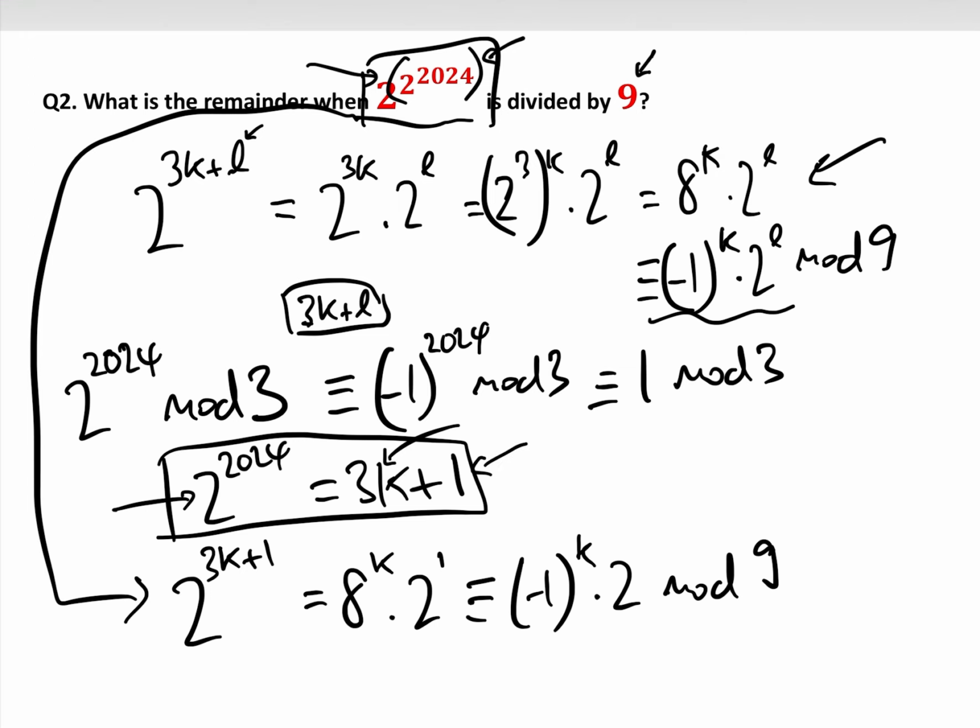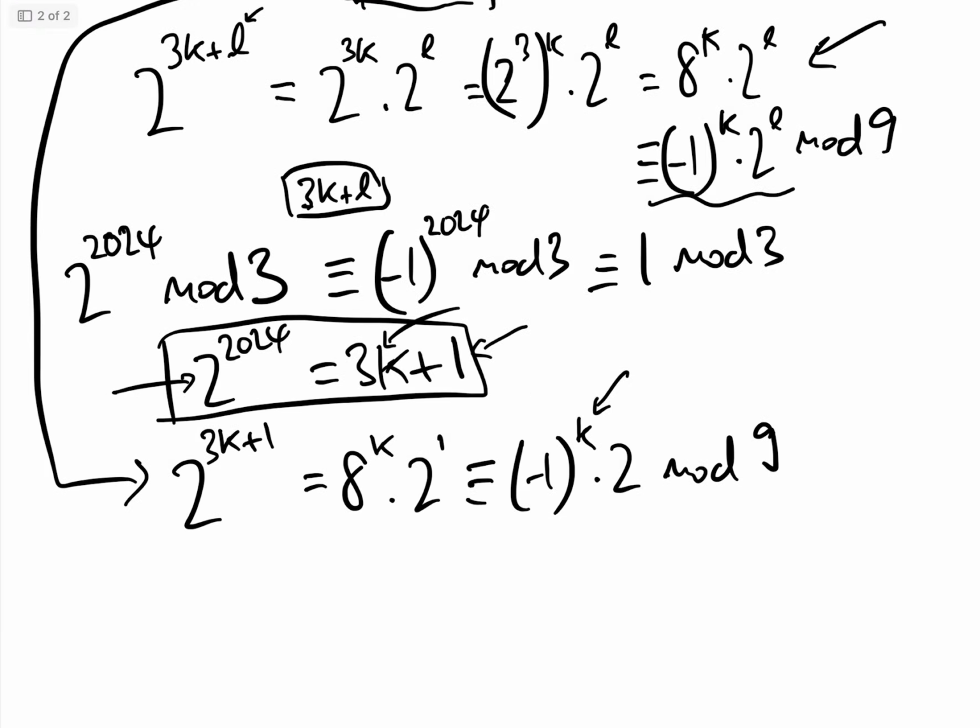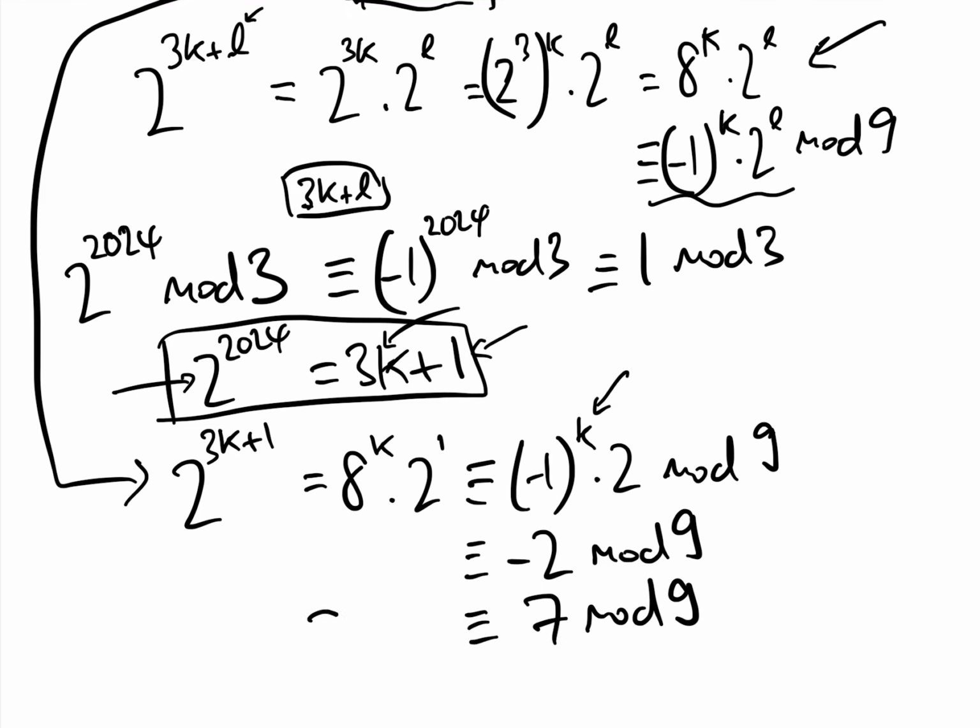This is an odd number, so this must be an odd number as well, and the only way that can be an odd number is if k is an odd number. So we know that k is odd, and so minus 1 to any odd power is minus 1, so that's minus 2 mod 9, which is the same thing as 7 mod 9, and so therefore 2 to the power of 2 to the power of 2024 is equal to 7 mod 9.